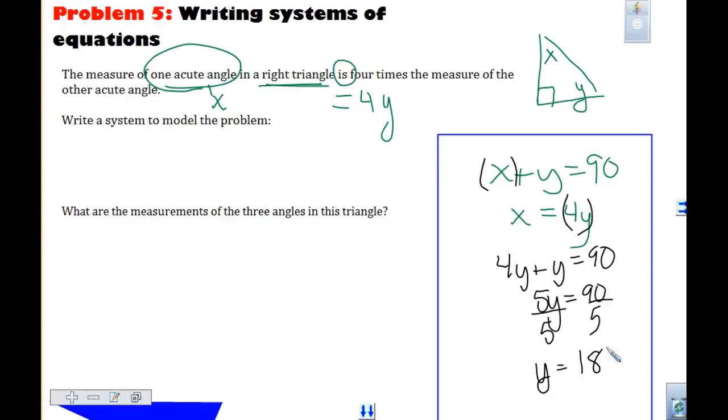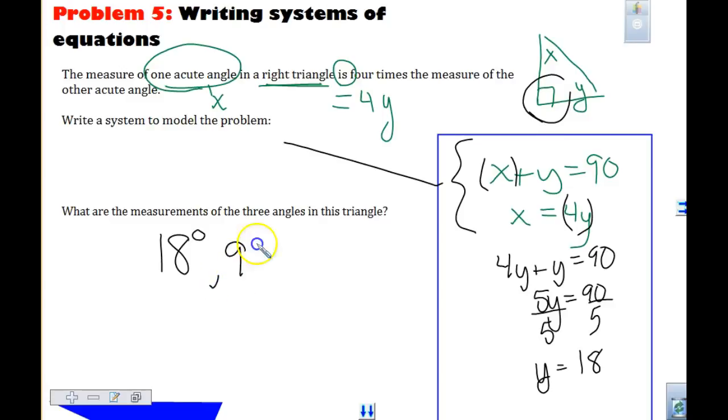It says, write the system. That's this part. On G12, I need you to do that for all 10 questions. I need you to write the system. For half of them, either the even or odd, you're going to find, this one says, what are the measures of the three angles? Well, one is 18. What is one of them that we already knew right here? 90. And now to find the other one, I could subtract 18 from 90, right?